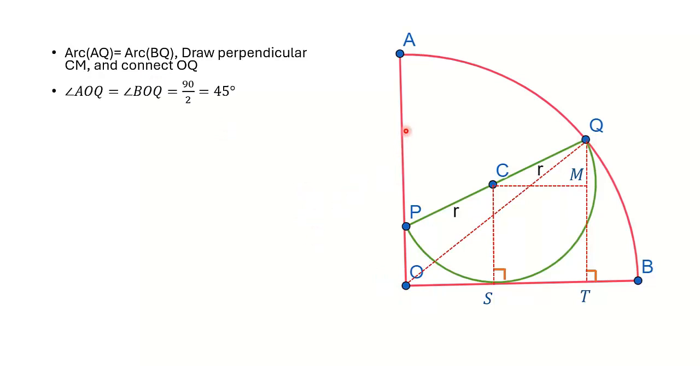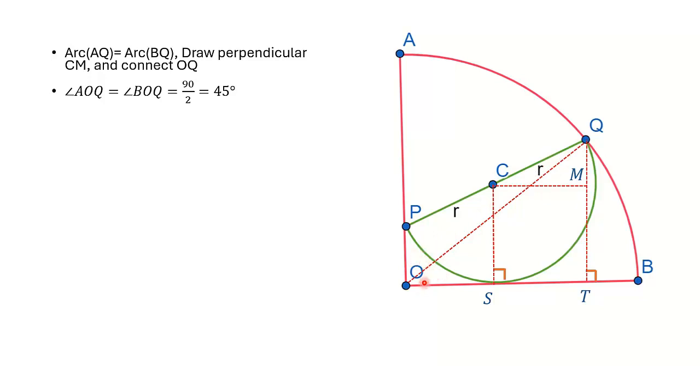Now let us consider angle AOQ and also angle BOQ. If you remember, this arc length and this arc length are equal, and there is a theorem that says equal arc lengths subtend equal angles at the center. So this means this angle and this angle are equal.